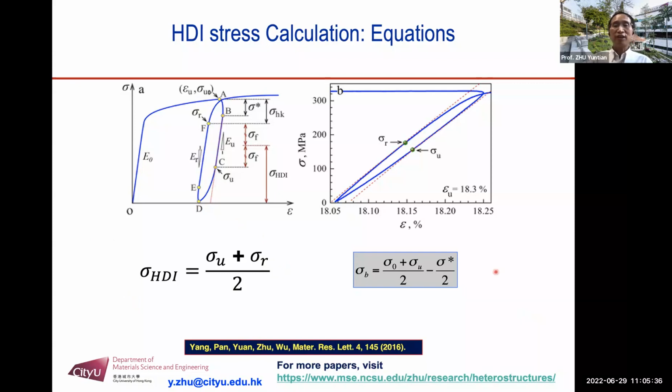Before this, people tried to calculate back stress. They believed it as back stress using this equation. This equation is not that good because first, it's not derived mathematically. Secondly, it will give you a lot of scatter in your measurement of the back stress.